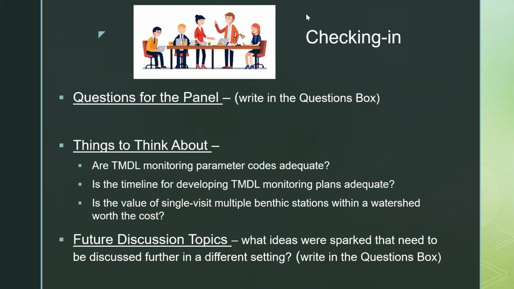Yeah, and when I talk about synchronous, I'm actually talking more about synchronizing some additional benthic stations within the watershed with the long-term listing benthic stations.